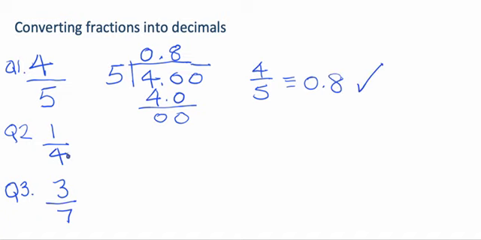So in a similar way, we do 4 into 1.00. Should have left a bit more space here. So 4 goes into 1 0 times, point, and then the 1 carries on into the 0 here. So how many times does 4 go into 10? Okay, it goes in twice. 2 4s are 8.